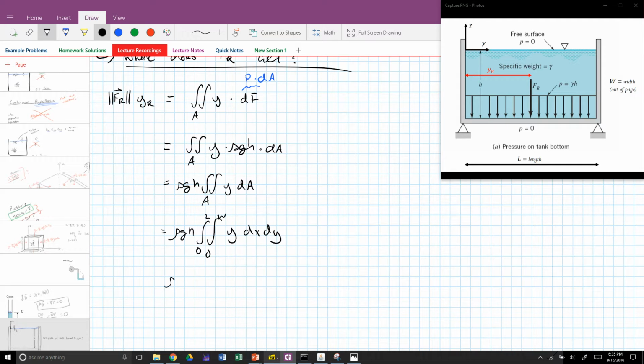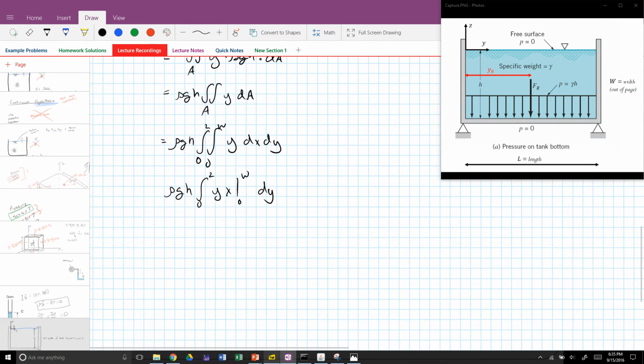Sorry, we're evaluating the first integral. y x, evaluated at 0 and W, dy, which simply gives us rho g h, integral 0 to L, y W dy.